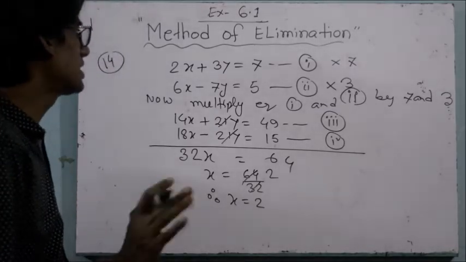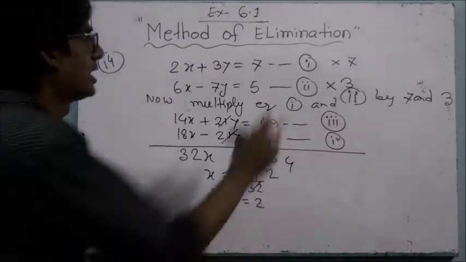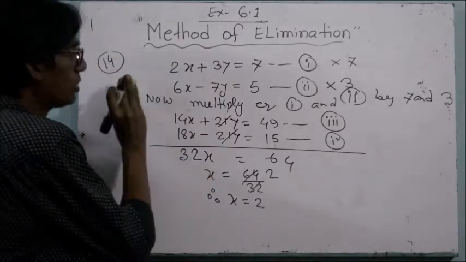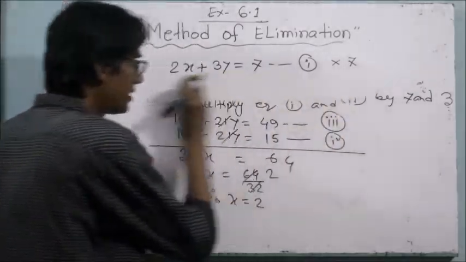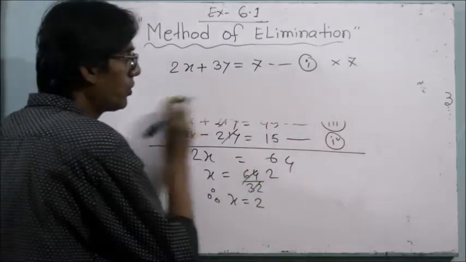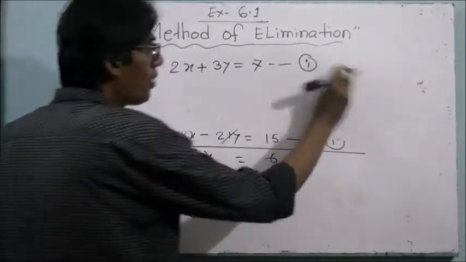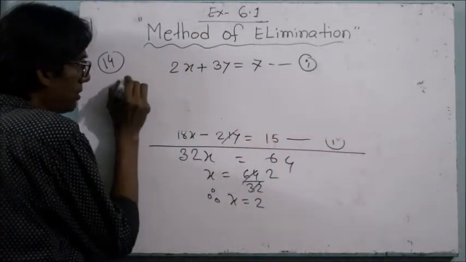Now I apply x equal to 2 in any one equation, either 1 or 2. Okay, if I put the value of x in equation 1, then what will we get?